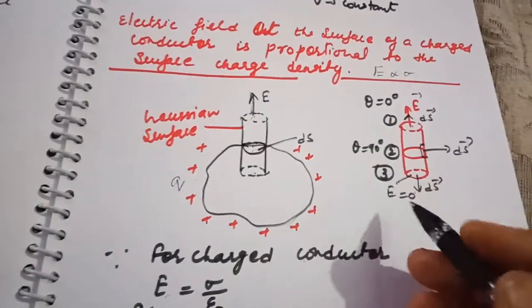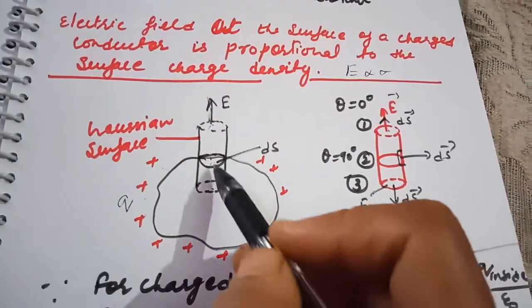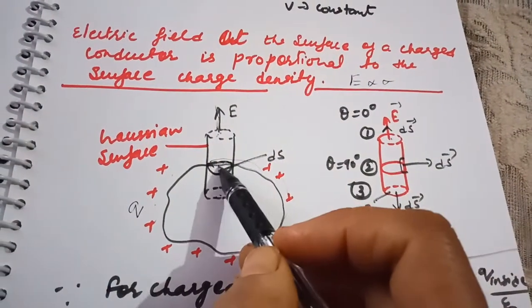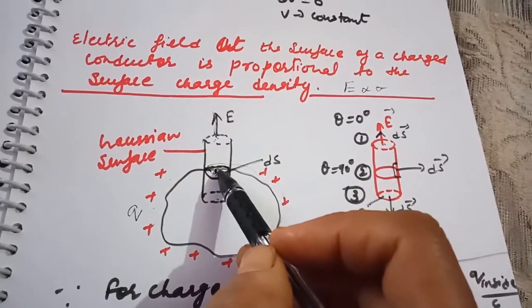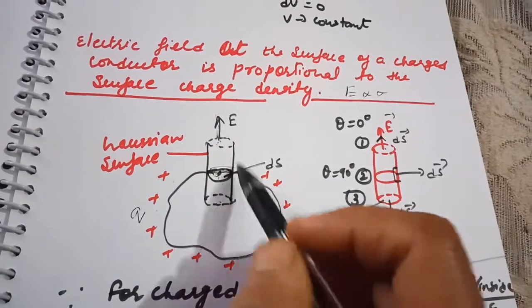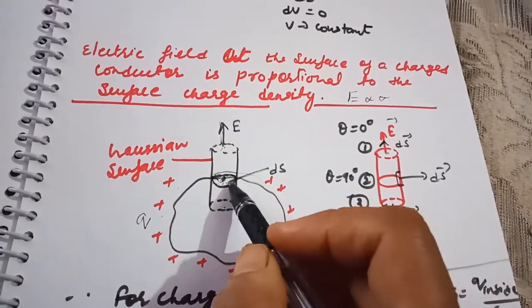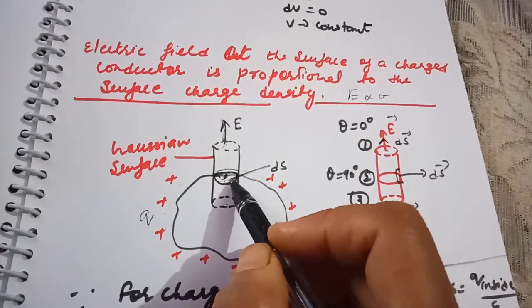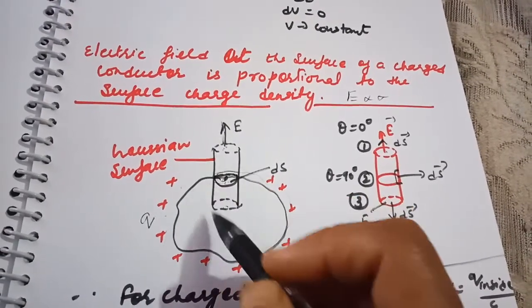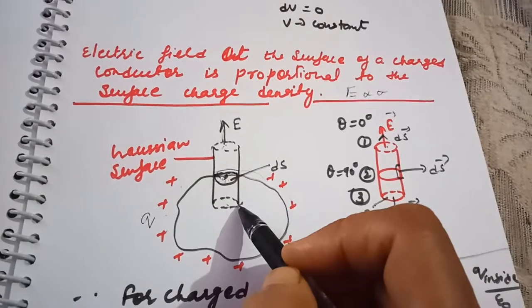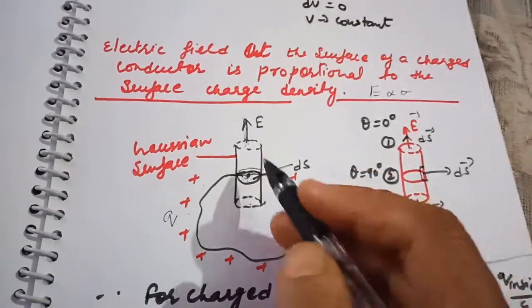Now in this condition, what will happen? By considering this charge at this position, we will draw a Gaussian surface. We all know very well that for a charged surface, the Gaussian surface will be cylindrical. We have done this in the case of the Gauss theorem.